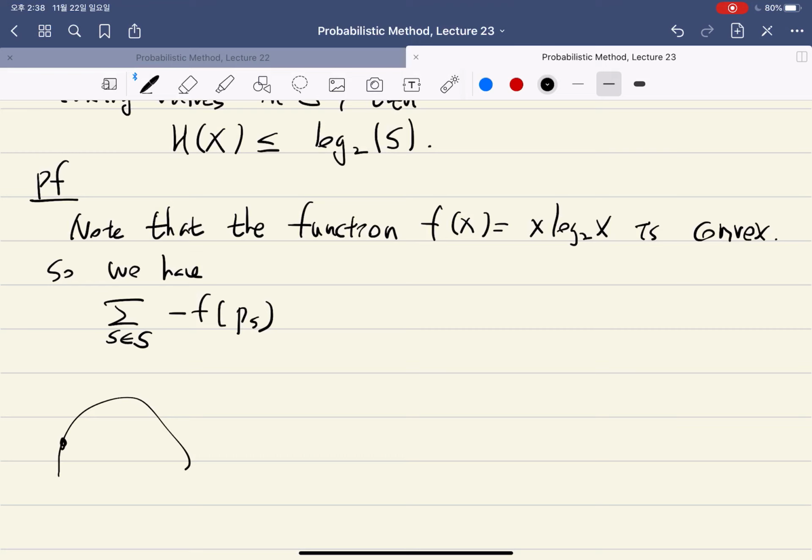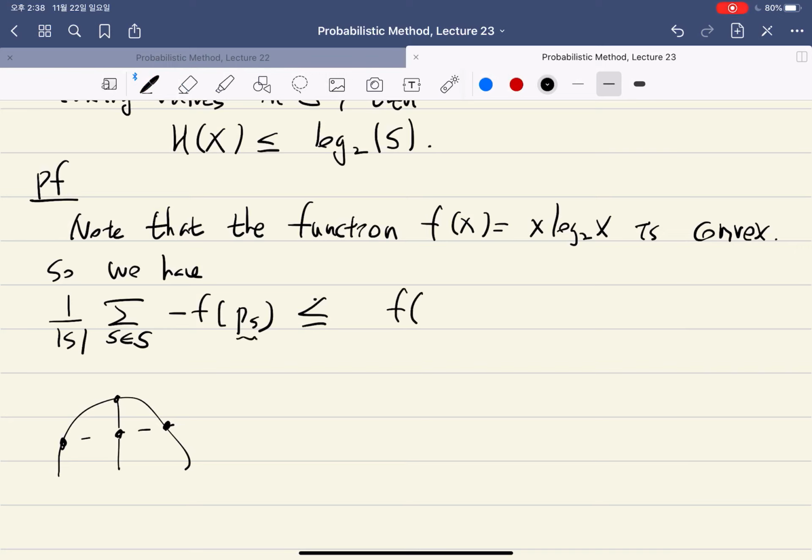In here, if you have several points and take the average, then that lies below taking f of the average. So this is the average, then you take f of the average.